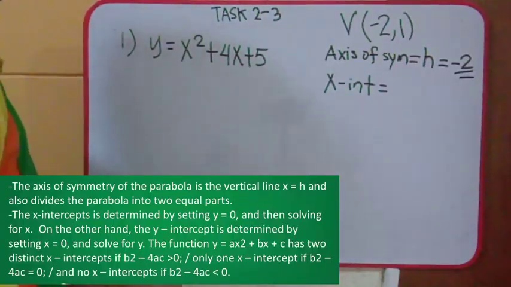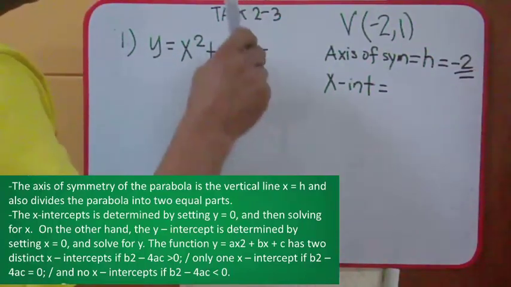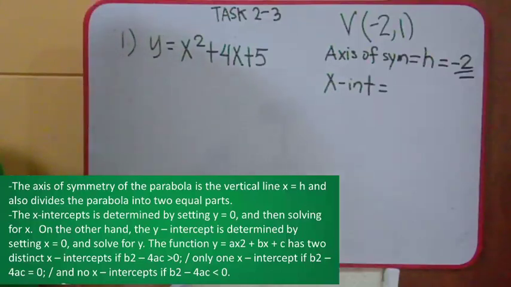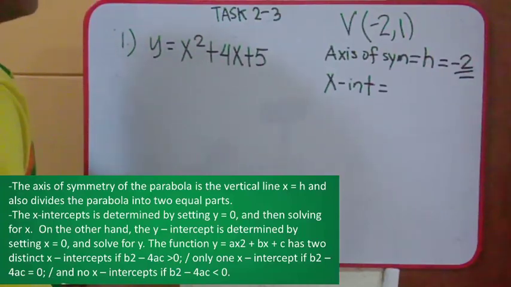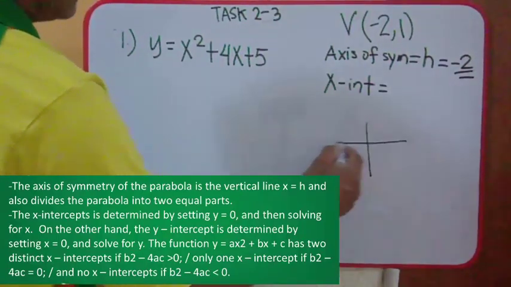If b squared minus 4ac is greater than 0 or equal to 0, meron. But if b squared minus 4ac is less than 0, no x-intercept siya. Pero pwede rin tayong mag-draw muna ng graph para ma-identify kung merong x-intercept, ibig sabihin kung dadaan sa x-axis.